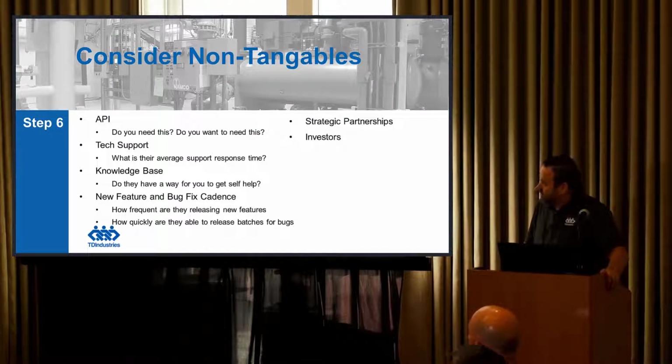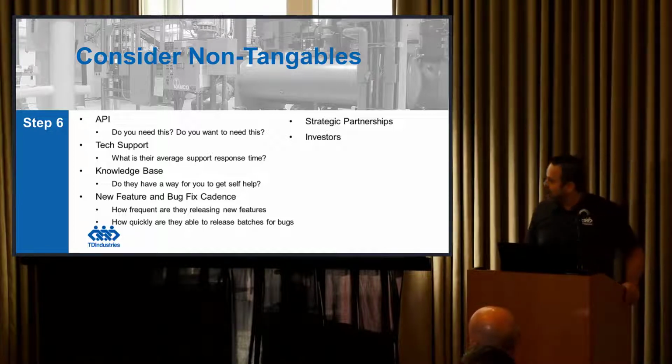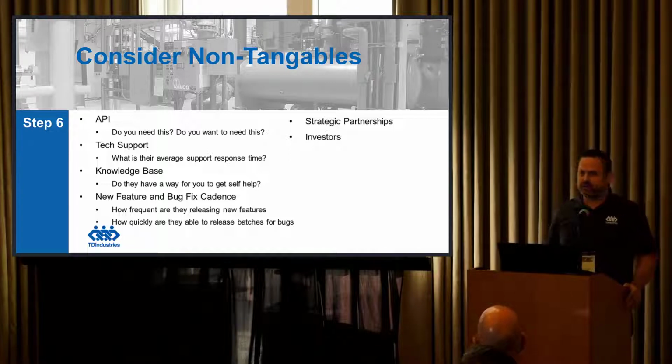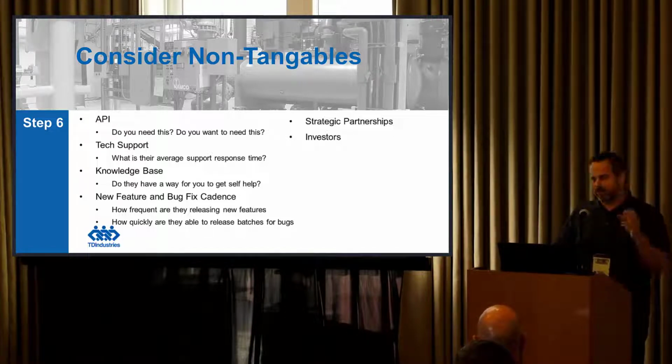This one's difficult. Consider non-tangibles, okay? API. Do they have an API? Sometimes your review team may not really have a good idea of the implications of an API. That's when you need to bring in some kind of developer, somebody from IT who can say, yes, they have a successful API, I believe they have everything that we need.